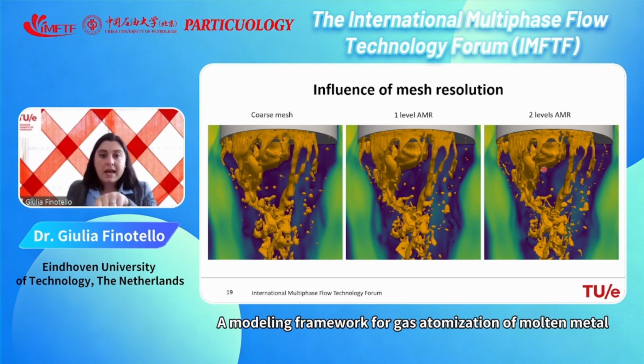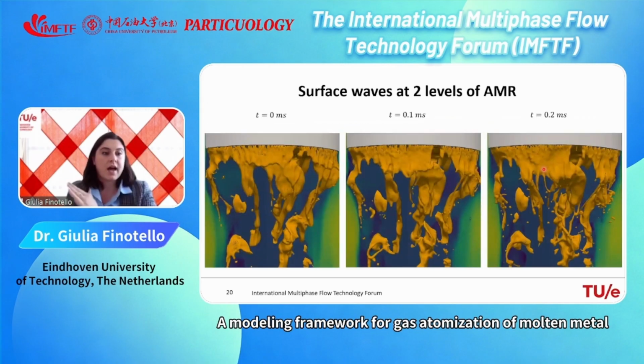Now, if we stay at 2 levels of adaptive mesh refinement and look over time, I want to show you how the surface waves lead to the generation of ligaments that stretch and form. Here is time 0 of this selected screenshot, and you see some waves, some interfaces that are formed.